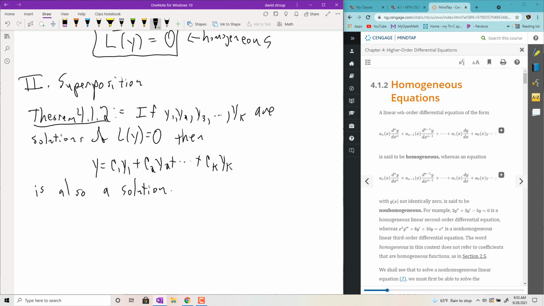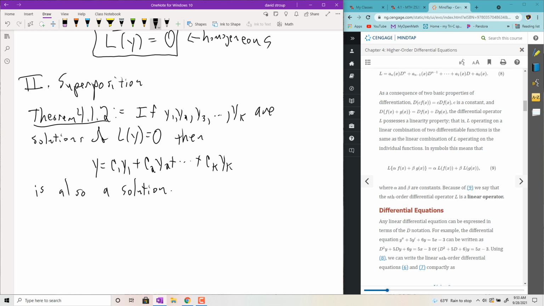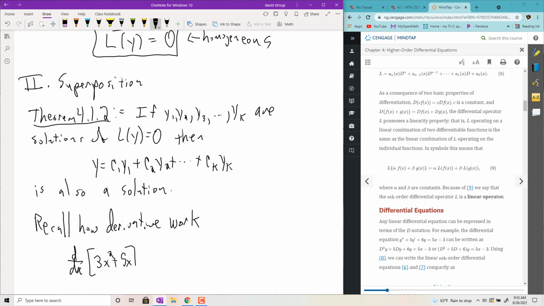It's something that you're aware of from just taking Calc 1. Basically, if you read their explanation in the book, and then recall how derivatives work. The derivative of a sum, like maybe you have 3x squared plus 5x, you could find the derivative by taking the derivative of the parts.